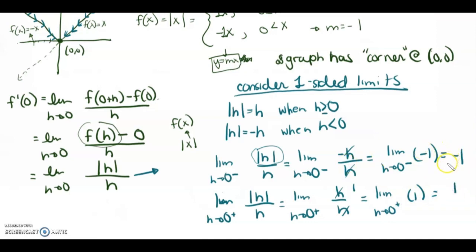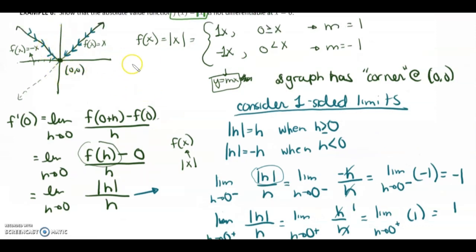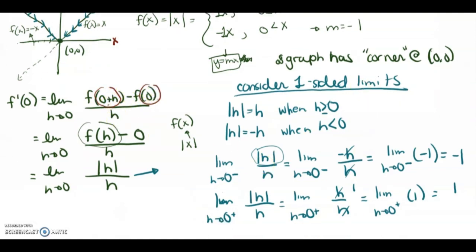So if we assess the limit as h approaches 0 from both the left and the right, okay, and by the way, I use this graph, but this graph is actually x. So when we're saying h, we're using the gap between 0 and h, okay? So it's a little bit different.